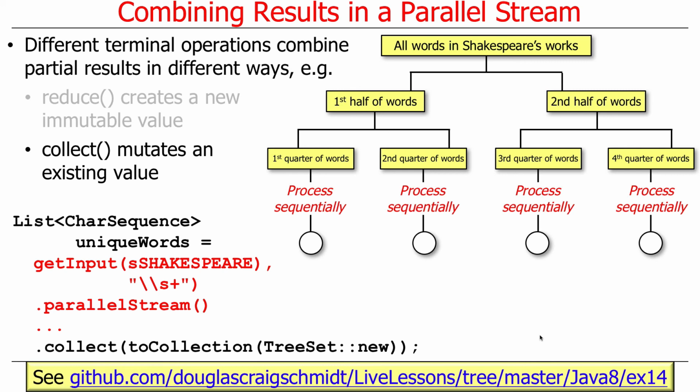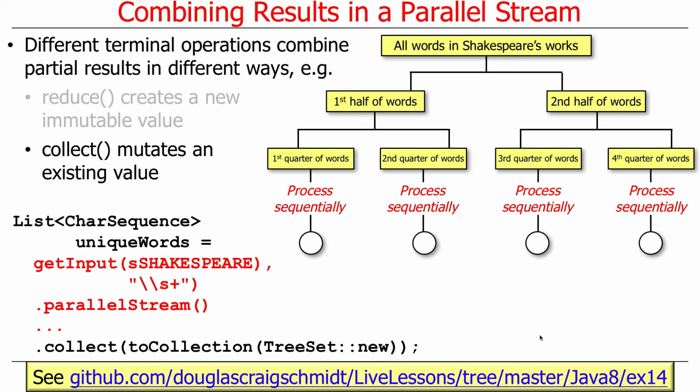Okay, so what it's going to do is take all the words in Shakespeare, and then split that into half the words in Shakespeare and the second half of words in Shakespeare, and then break it up into the quarter of the words of Shakespeare, and so on and so forth, till it reaches some minimum size, and it says, okay, uncle, I've got it to a point where I can start doing processing in parallel. In this particular case, I think if you look at the program, it uppercases all the words or something like that.